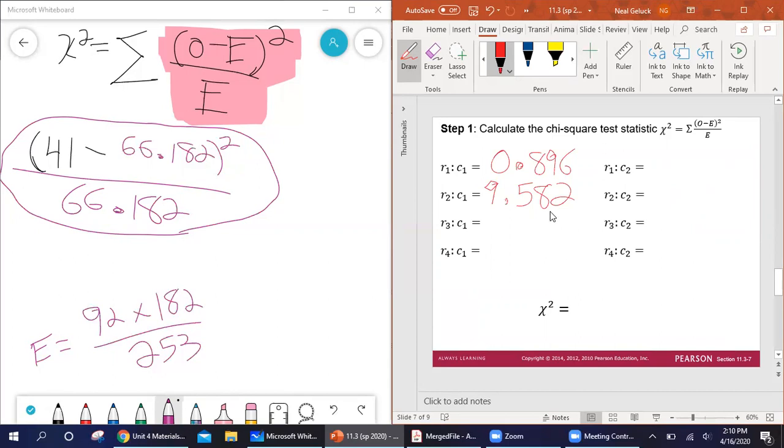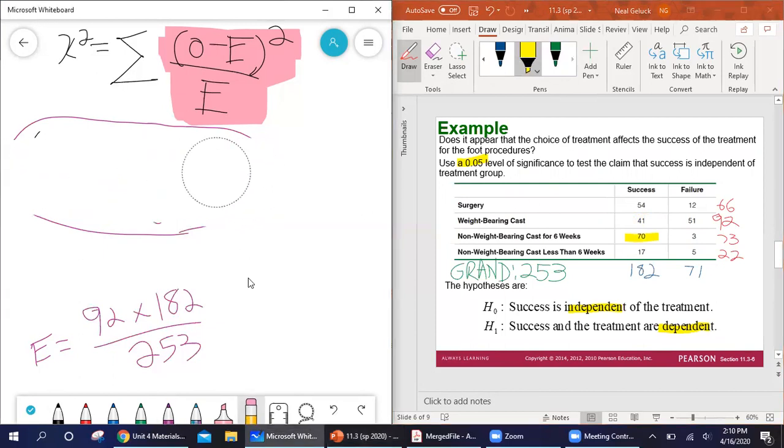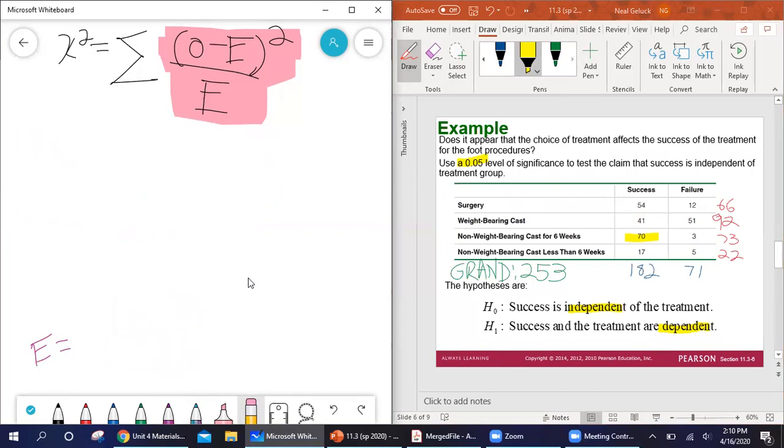All right, we're getting there. Now we got to go to row 3, column 1. So row 3, column 1. The observed is 70.